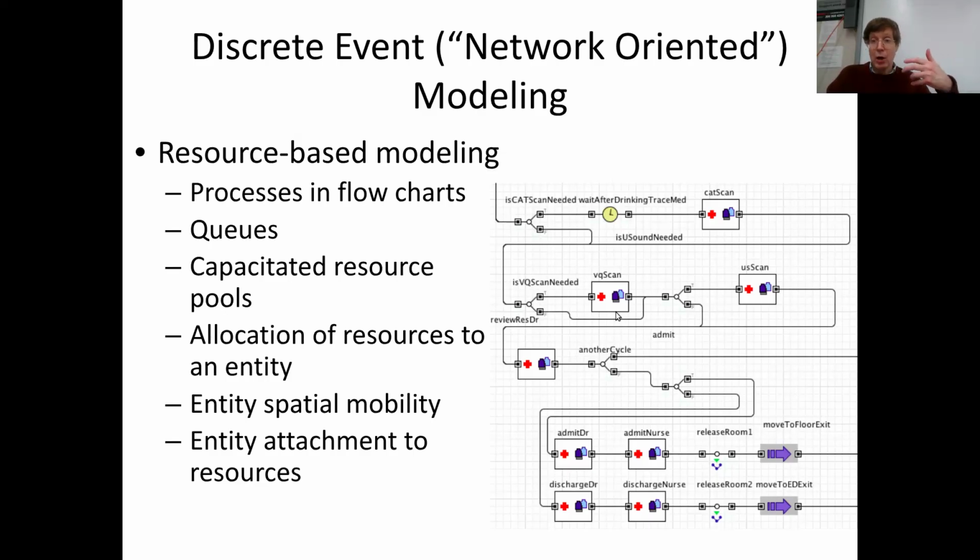Think patients, think cars on an assembly line, think individuals applying for social assistance, think individuals going through a set of processes involving application to some program. So a contrast between those individuals on the one hand and the resources that are needed to allow them to progress.